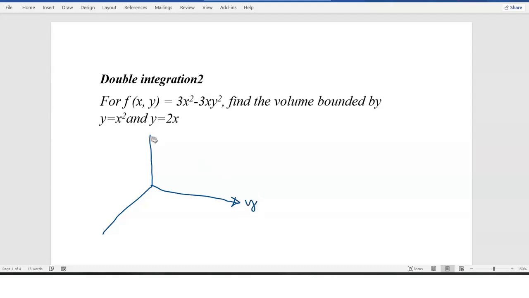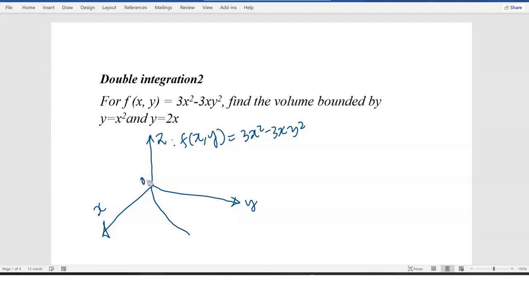This is y, this is z, which gives us the magnitude of our f of x equal to 3x squared minus 3xy squared. And in this direction, we have x. So we want to look at where the curve y equals x squared is, around here.